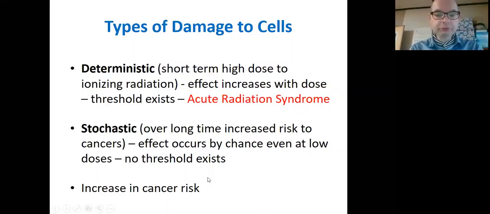But the idea here is that no threshold exists. Whereas with deterministic, there is actually a threshold at which you get ARS, with the stochastic effect there's no threshold. It is connected to how much dose you have, but just because you had a high dose doesn't mean you'll get cancer because of that. You get increasing cancer risk.